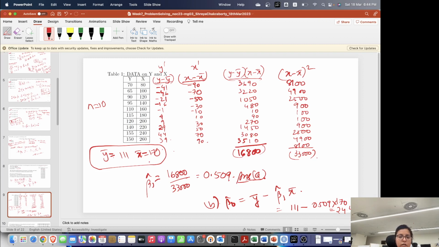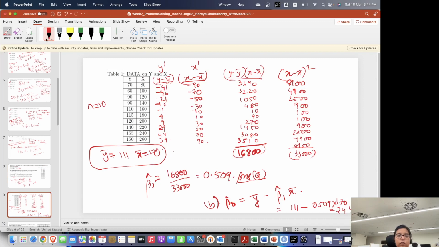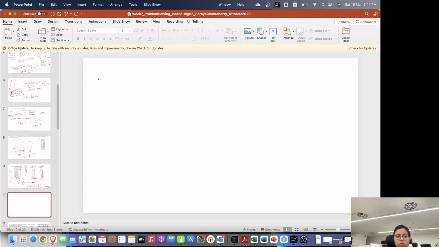Now they've asked this thing. What is the value of r square? So to calculate r square, r square is what?